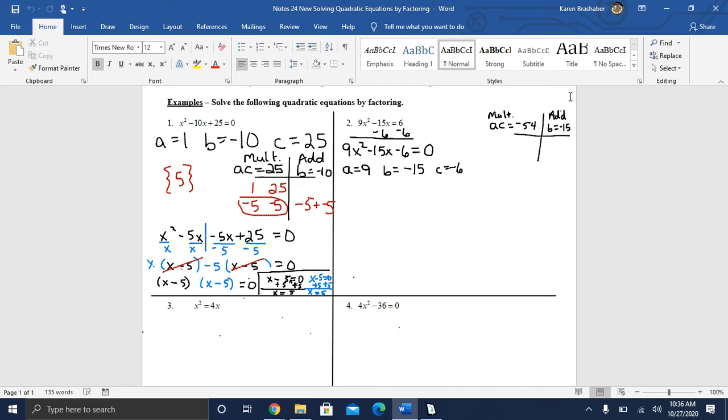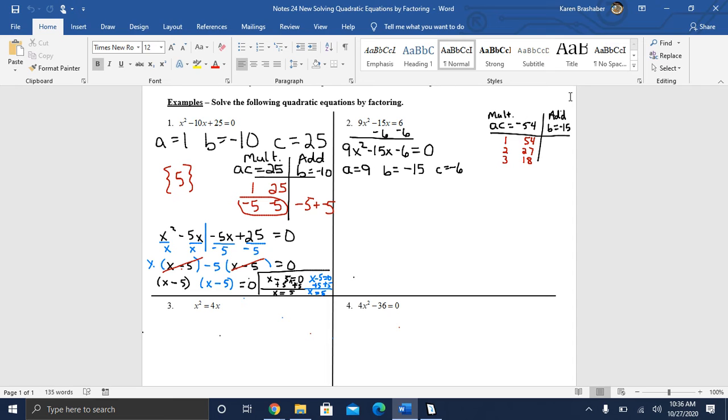So I'm looking for factors of 54. And so I'll start with 1 and 54, and I can't make that become a 15. 2 and 27, again, that's not going to be helpful. 3 and 18. All right, now 3 and 18, if I use the right signs, I can get that to be negative 15.